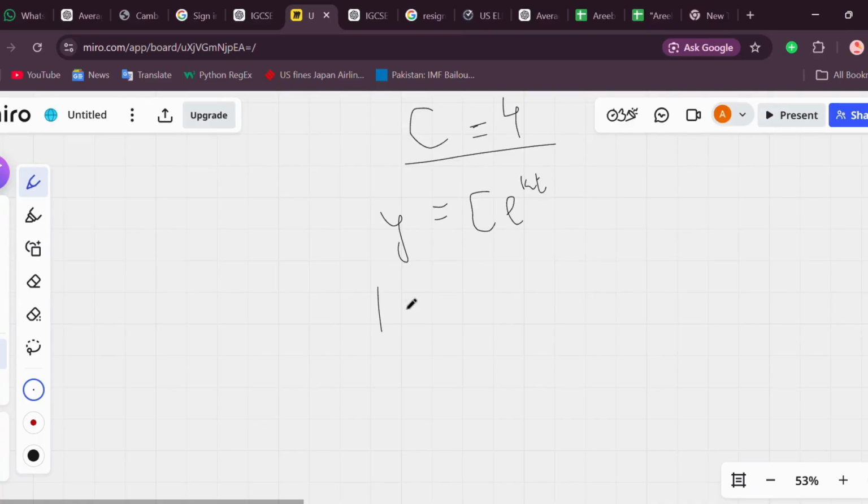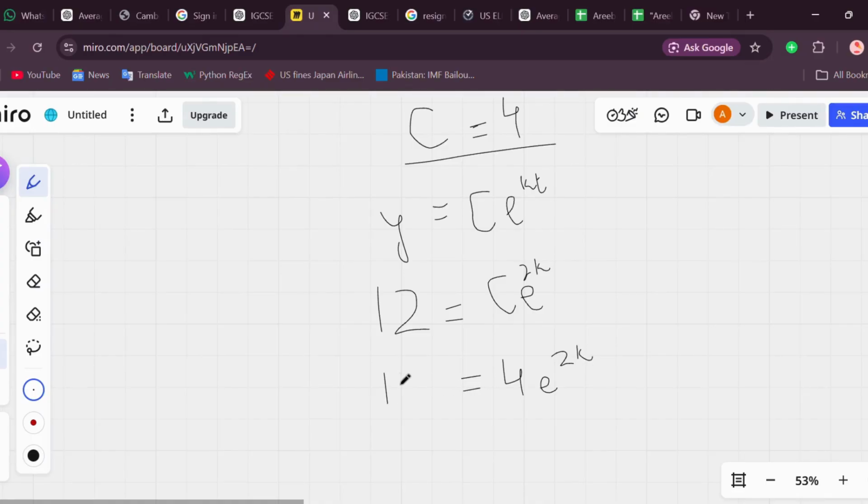Y will be 12 because f of 2 is 12. In place of t it will be 2, so it will be 2k, and in place of C it will be 4, as we solved earlier. So 4 e to the 2k equals 12.